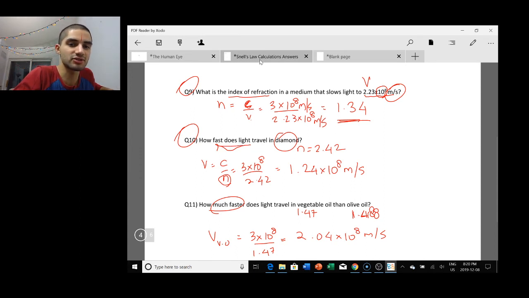Here I've asked you how fast, so you need to give me the v, and that equals 3 times 10 to the power 8 divided by 2.42, which is 1.24 times 10 to the 8 meters per second. Again, you have to know how to put that in your calculator, but apart from that, that's a fairly easy question, just one division.